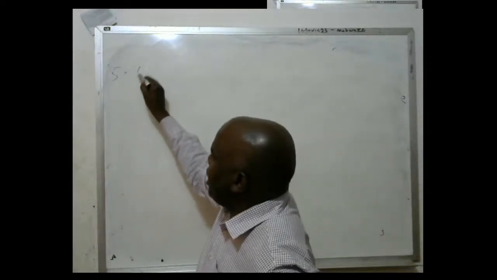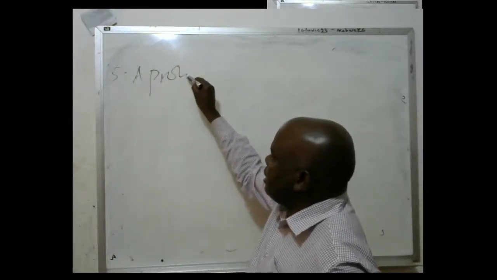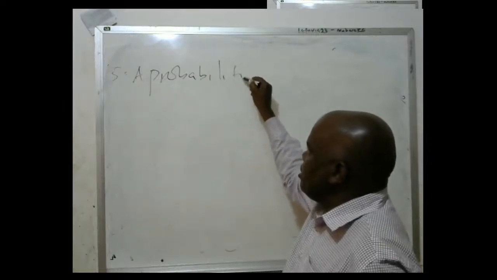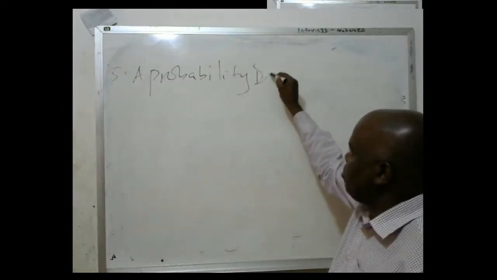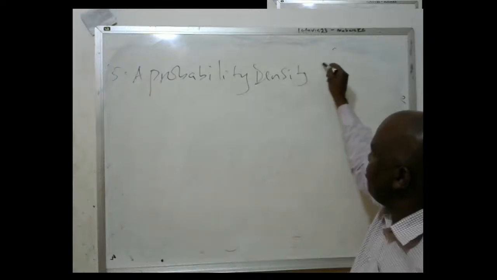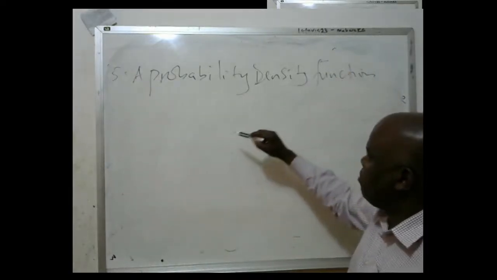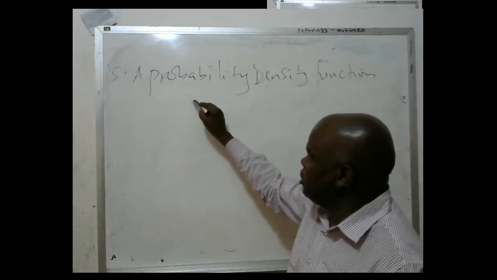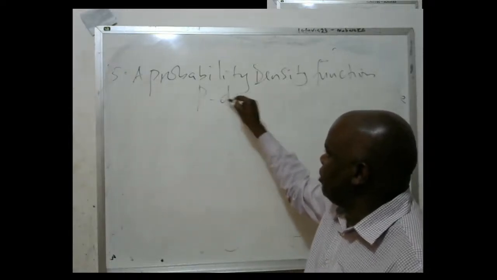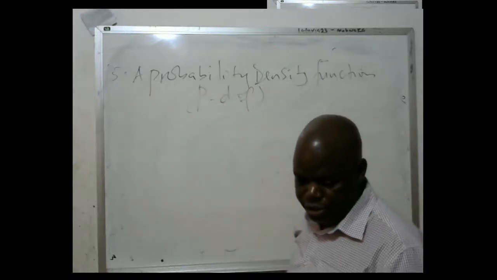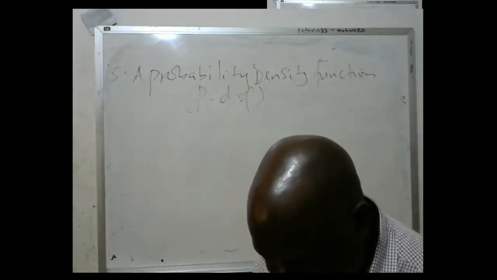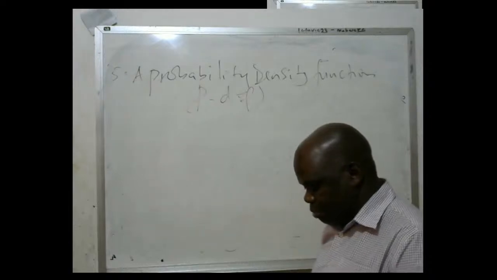These are words which keep disorganizing students. By definition, a probability density function, which we normally call PDF for short, is a function which allocates probabilities.